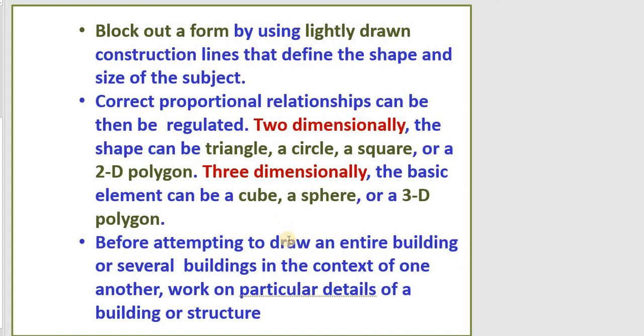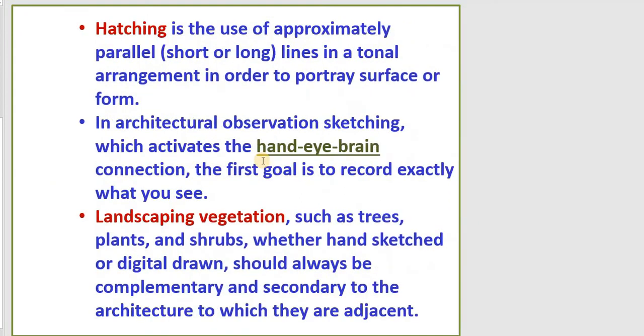Before attempting to draw an entire building or several buildings in the context of one order, work particularly on the details of the building or the structure. Hatching is what you do after you finish the sketching. You can start to do the hatching with short or long lines in the tonal range in order to portray surface or form in architectural observation sketching, which activates the hand-eye-brain.